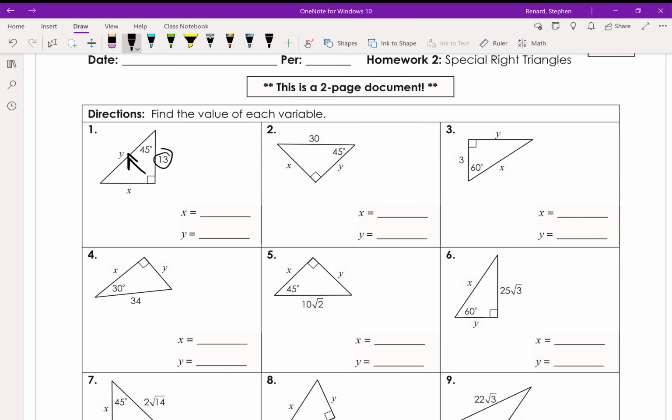So this is a leg right here. We look at our flow chart, the 45-45-90 one, at given leg, and it says first we take that value and plug it in for the other leg. The other leg is x, so we know that's 13.